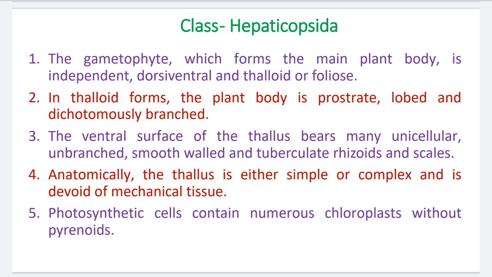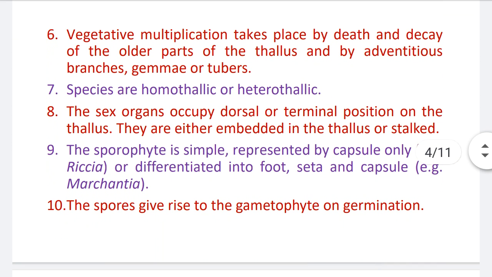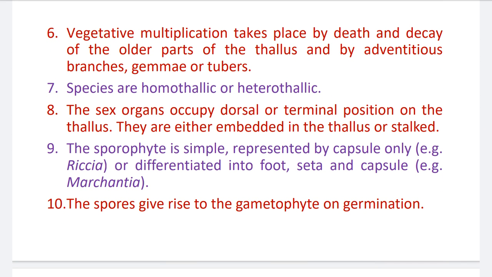They have numerous chloroplasts without pyrenoids, and pyrenoids are nothing but starch synthesizing bodies; these pyrenoids are absent. Then number 6 character, vegetative multiplication takes place by death and decay of the older parts of the thallus and by adventitious branches, gemmae or tubers.